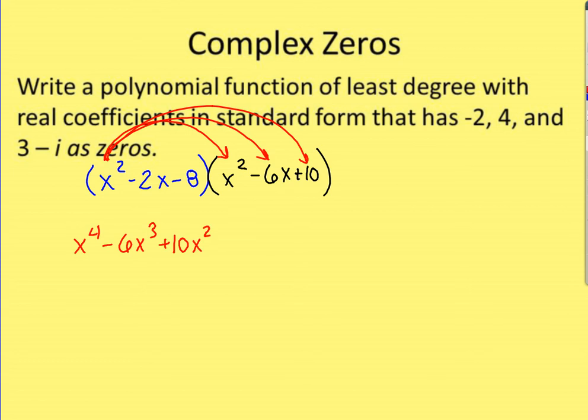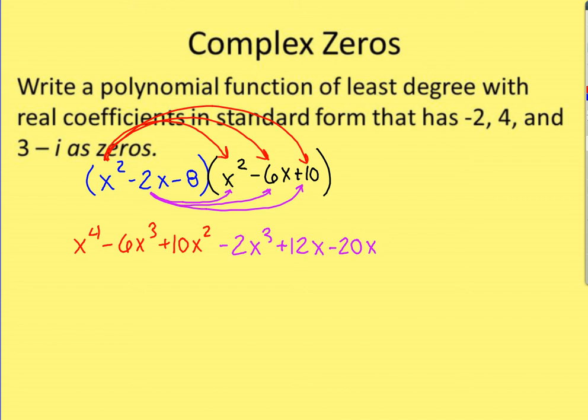We're then going to take the negative 2x and distribute here, here, and here. So negative 2x times x squared is negative 2x cubed. Negative 2x times negative 6x is a positive 12x squared. Negative 2x times 10 is a negative 20x.